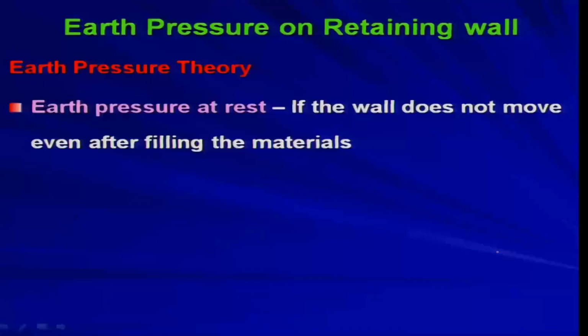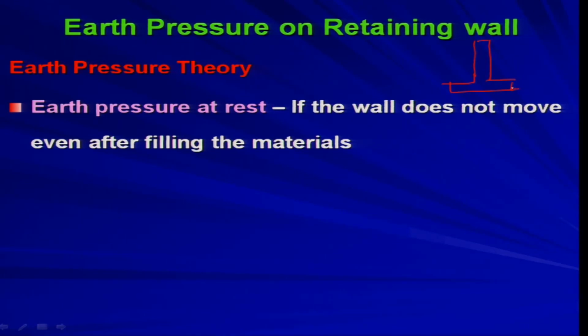Now, if the wall does not move even after filling the material, what is the procedure? First we construct the wall. It could be a concrete wall, an RCC wall, a rock masonry wall, or a brick wall, depending on the situation.